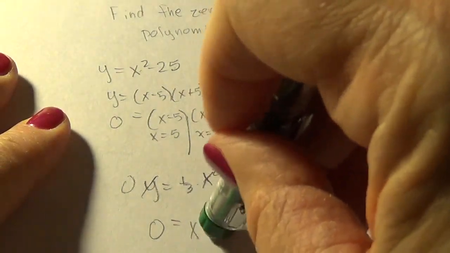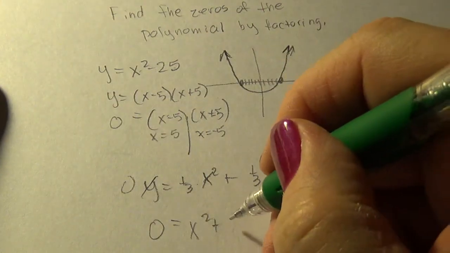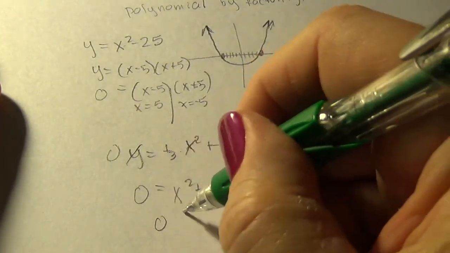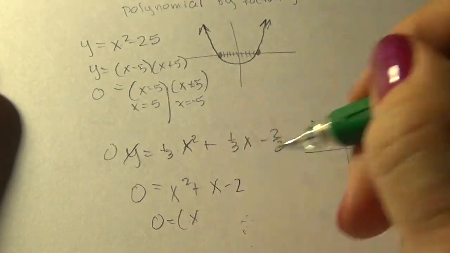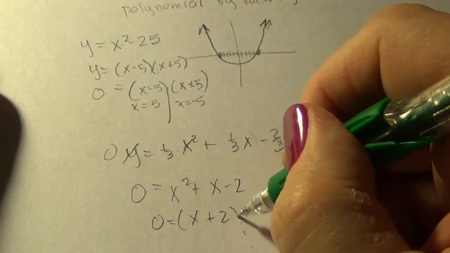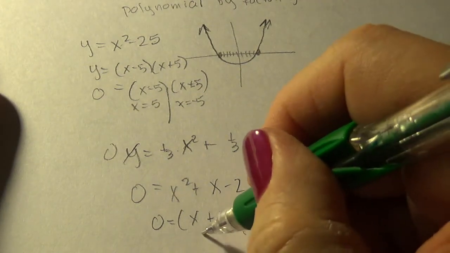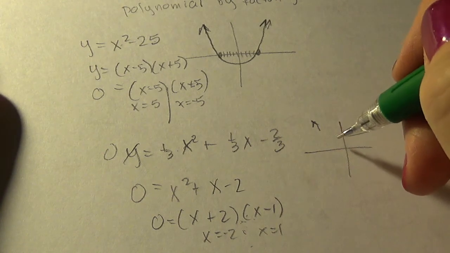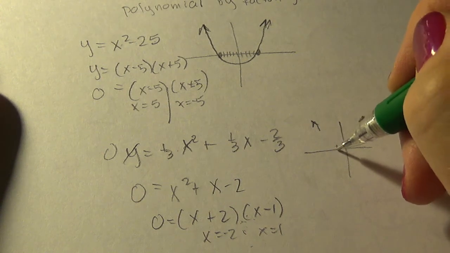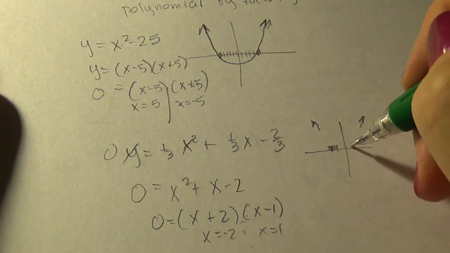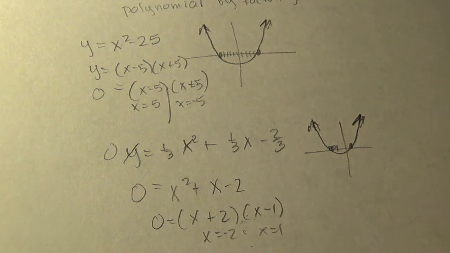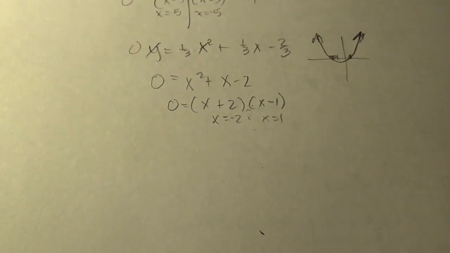No, I had that right. Plus x minus 2. So then that's factorable. Equals (x plus 2)(x minus 1). x equals negative 2, x equals 1. So x equals minus 2 is a zero and x equals 1. So the parabola looks like that.